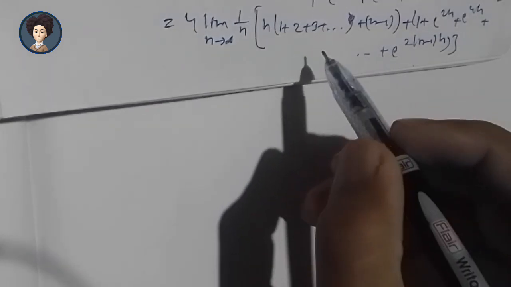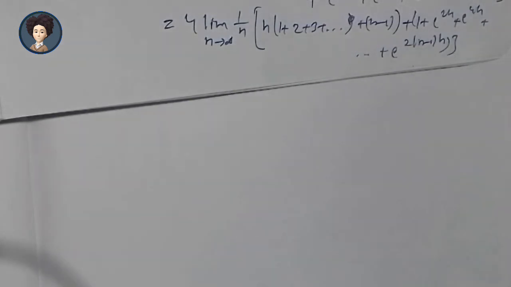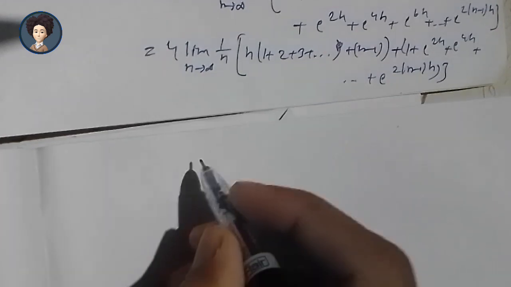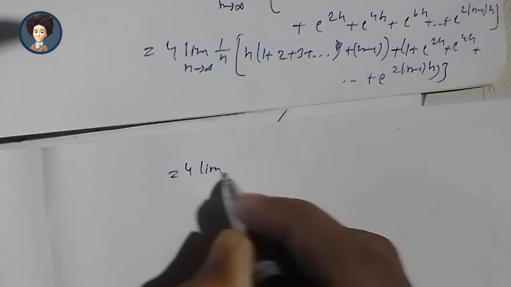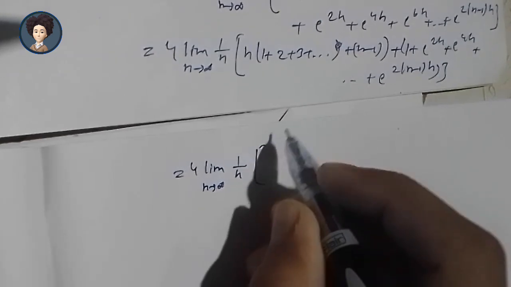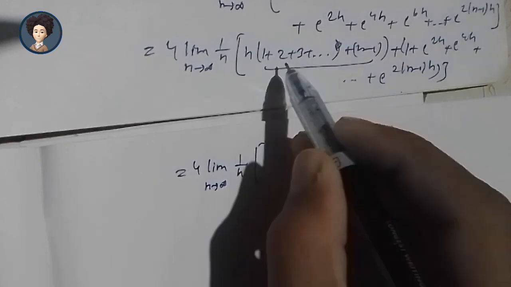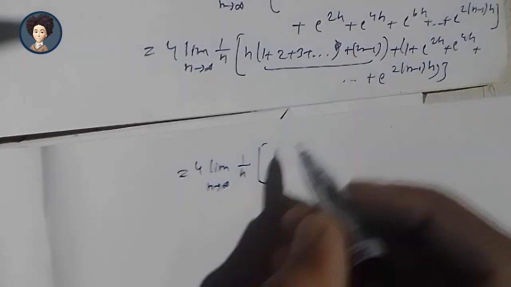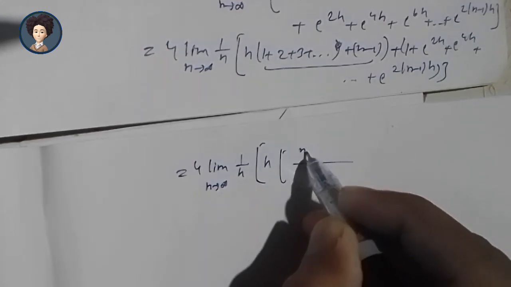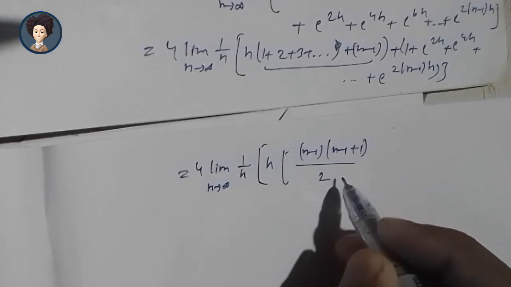Now we get up to here, then this one is the sum of the natural numbers, which we can write as what? There are n minus 1 terms present here, so we could write this sum as what? n minus 1 into n minus 1 plus 1 divided by 2.